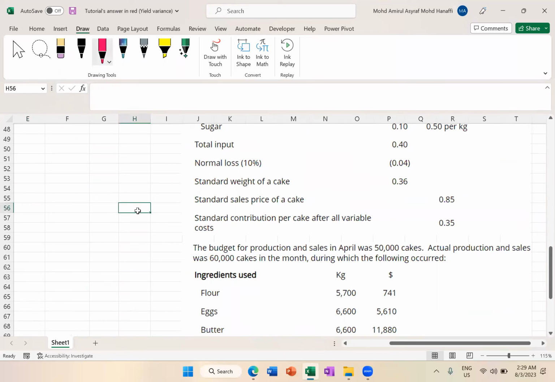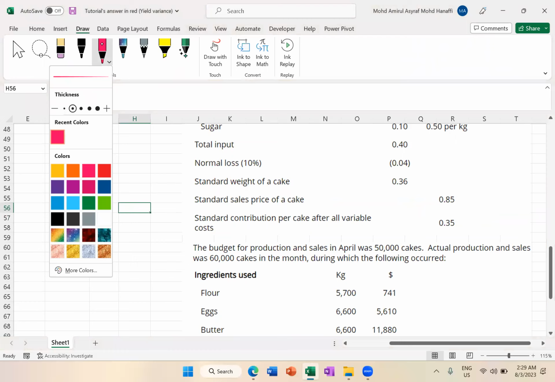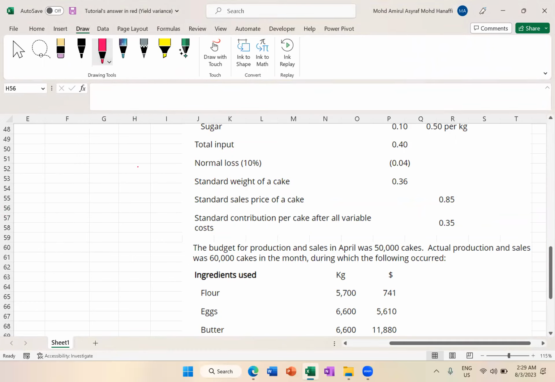In other words, let me put it here. We have the output, which is 60,000 cakes. So the output is in units. How many cakes? Because I told you, output can either be stated as a unit of cakes, biscuits, or rice, it doesn't matter.